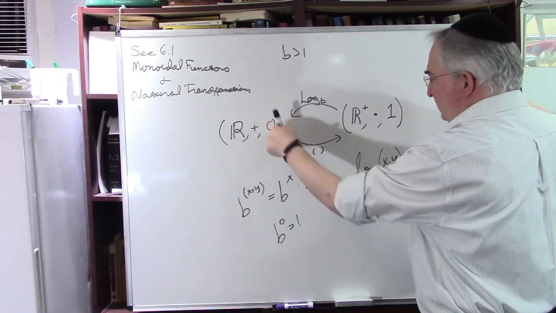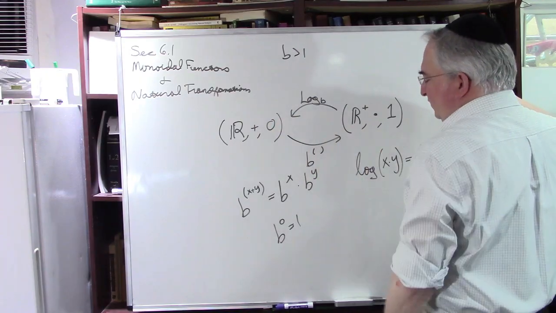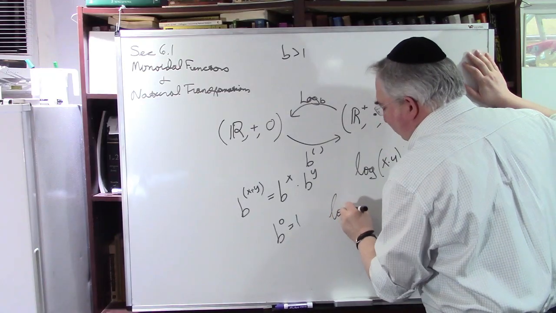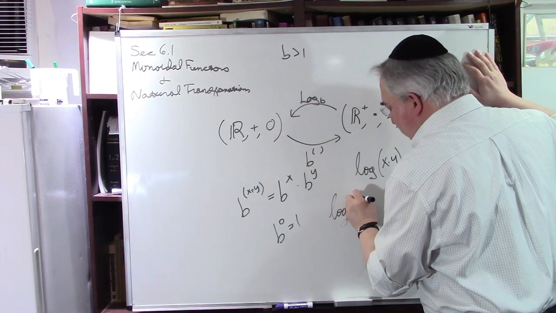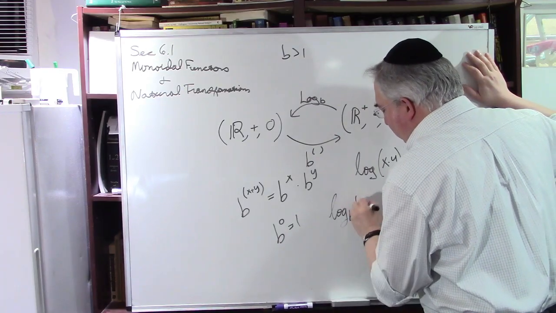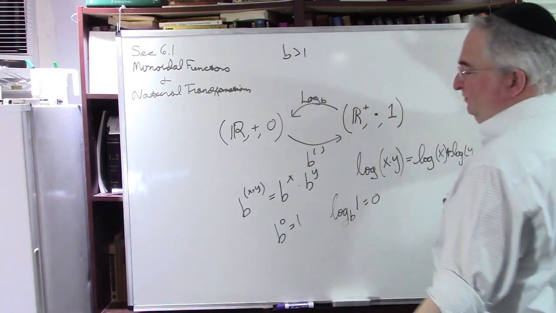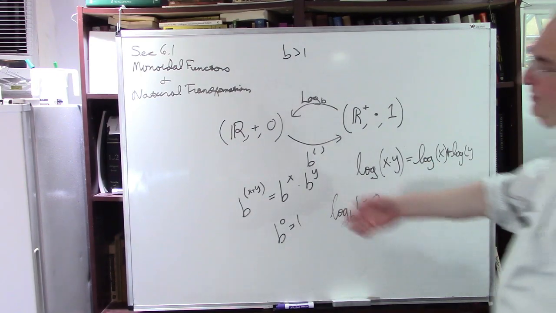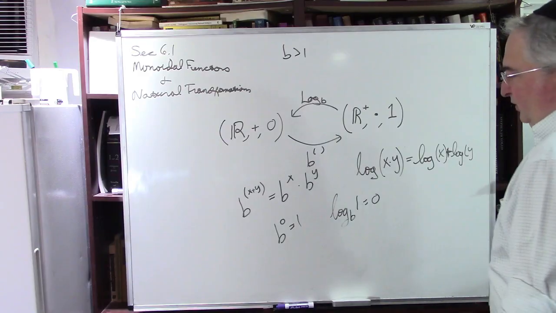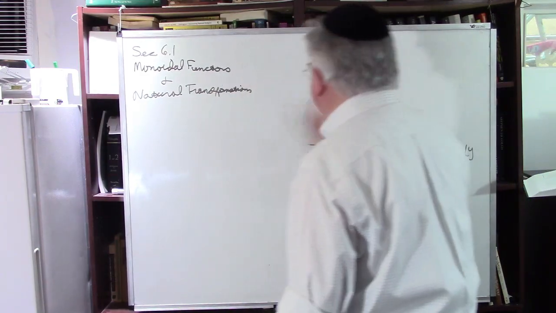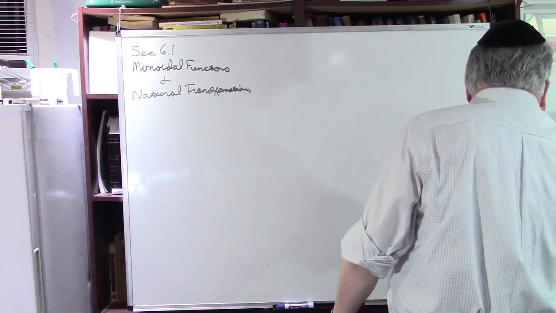That says it's strict on the units, and log of 1 is 0. What do you have to raise b to in order to get 1? Answer, 0. So again, something we've seen in elementary school, we can see as an example of a strict monoidal functor. Very nice. That's a nice example. Okay, next.